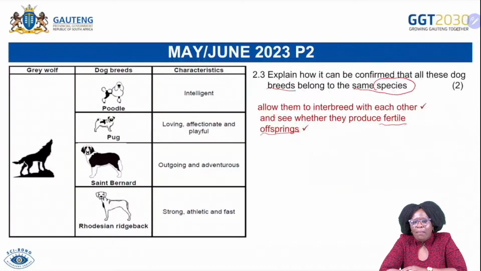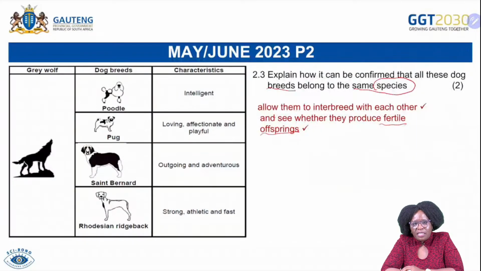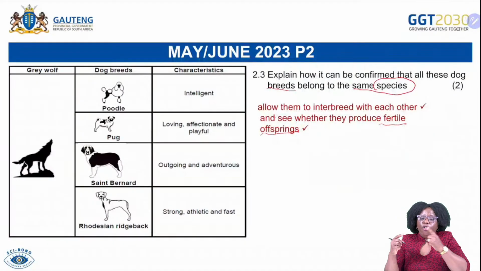So if breeding has taken place and the species does not produce fertile offspring, then we have a problem, because sometimes it is possible that like a donkey and a horse, the outcome that we got was a mule, but a mule is infertile. Therefore, it means that the donkey and the horse are not one species. Because once there is any form of interbreeding, the offspring must be fertile.